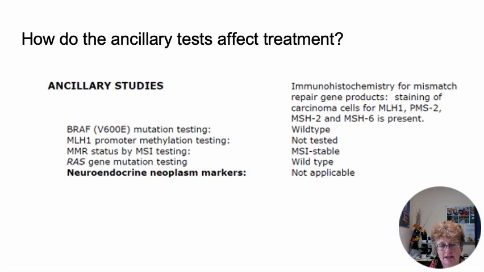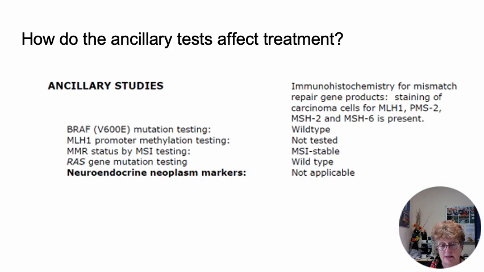Okay, a different way to find out whether these people have an abnormality in DNA mismatch repair is to look for microsatellite instability. It is more sensitive but much more expensive than doing these protein tests with immunohistochemistry.